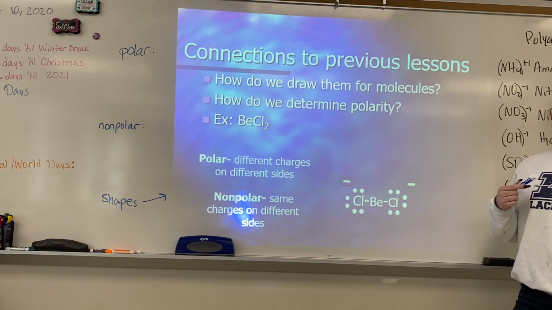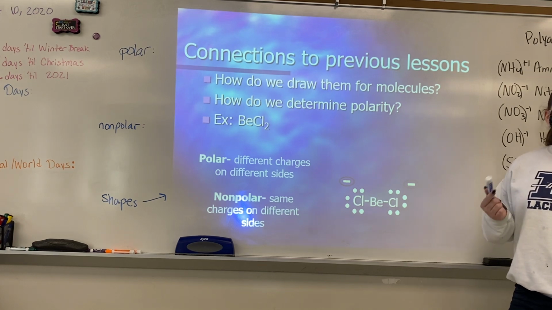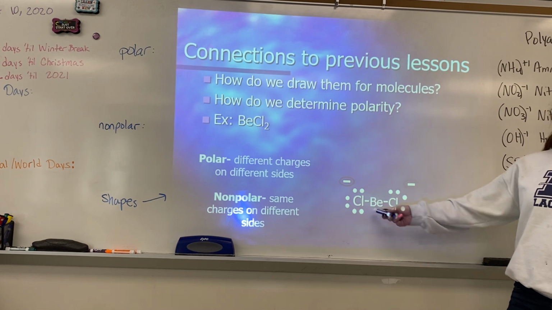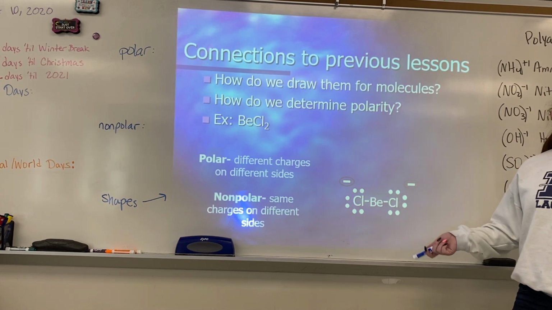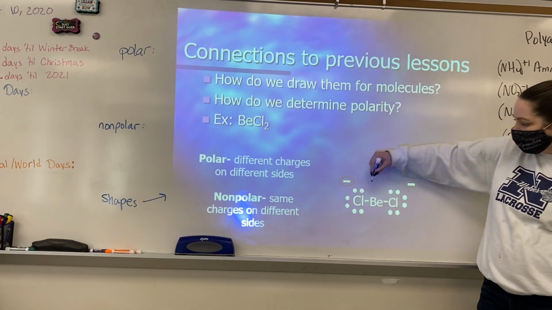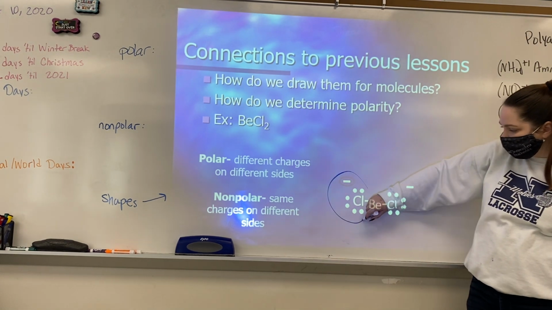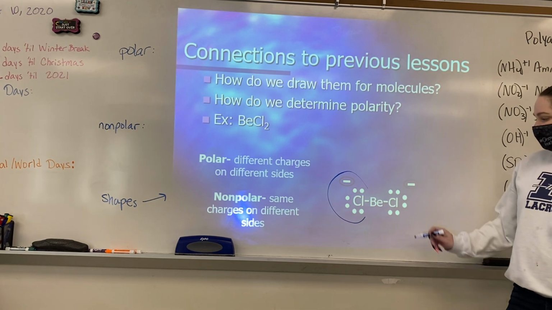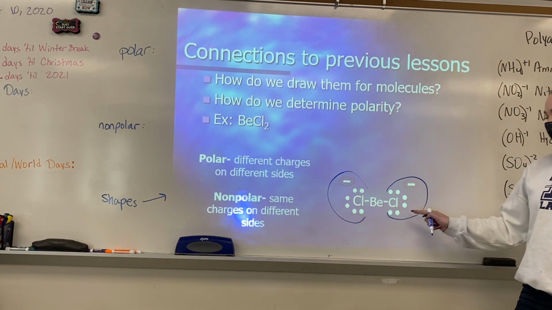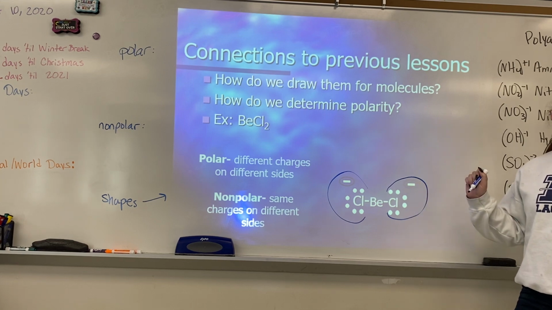Those dots represent valence electrons. Electrons have negative charges. So anytime we see dots, we need to see negative charges. So I drew a negative charge here, showing that these electrons all are going to have a negative charge. And then I drew another negative sign here, showing that these electrons also have a negative charge.